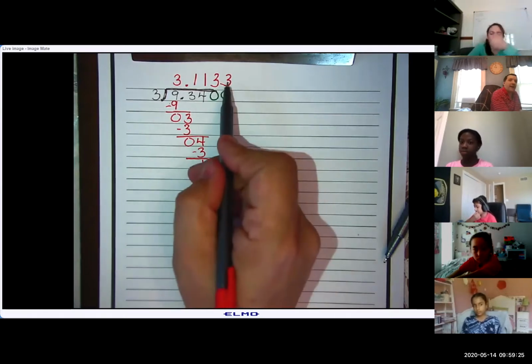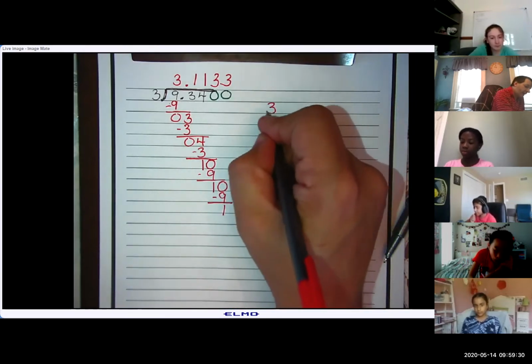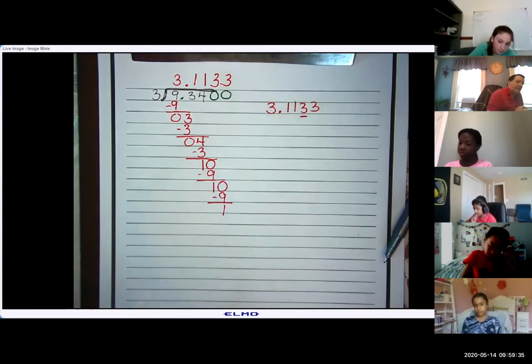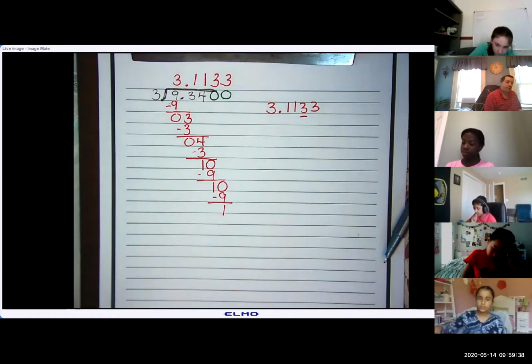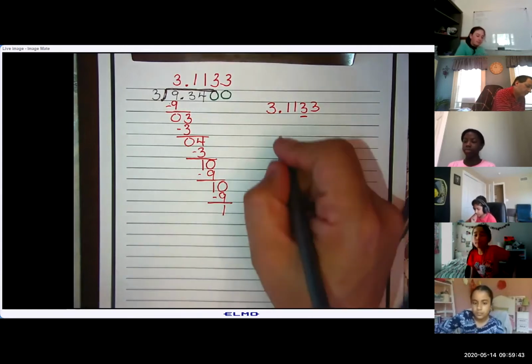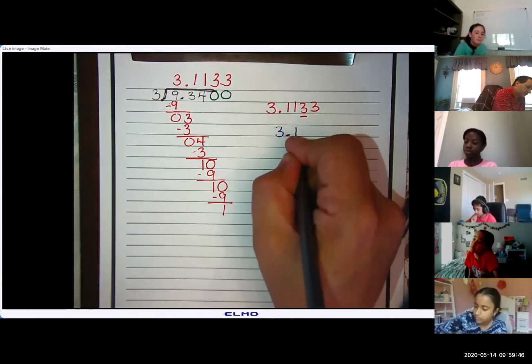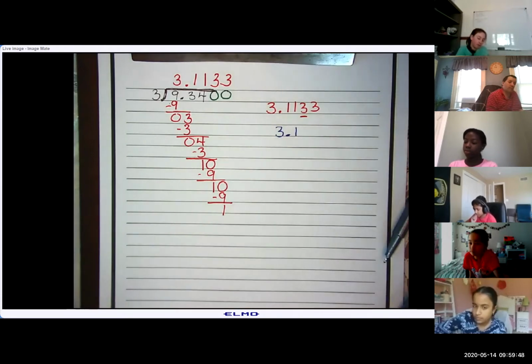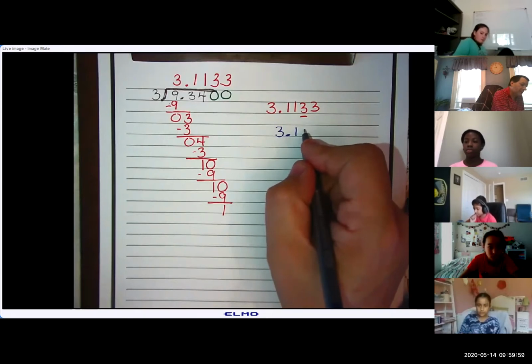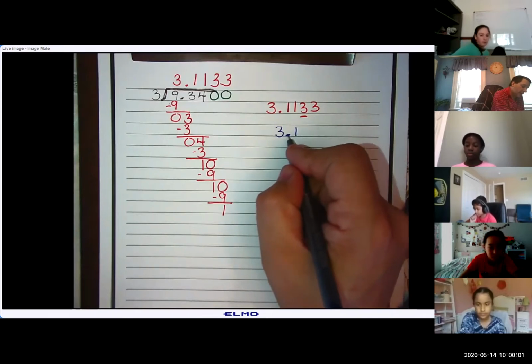Right, once you get to that 4th decimal place, you stop. You write down what you got, and you round to the nearest thousandth. And what you would get is 3.3... So it would be 3 and 113 thousandths, right? Say it again?